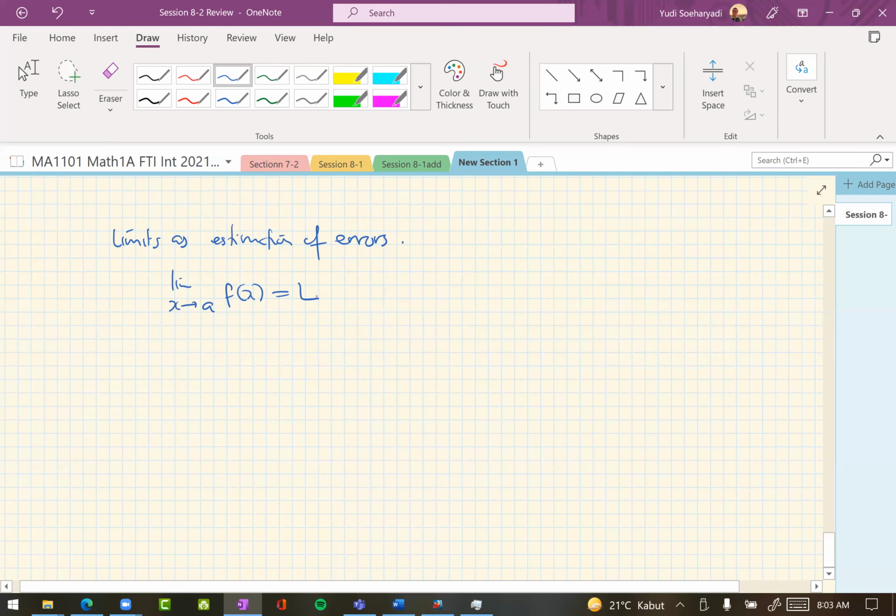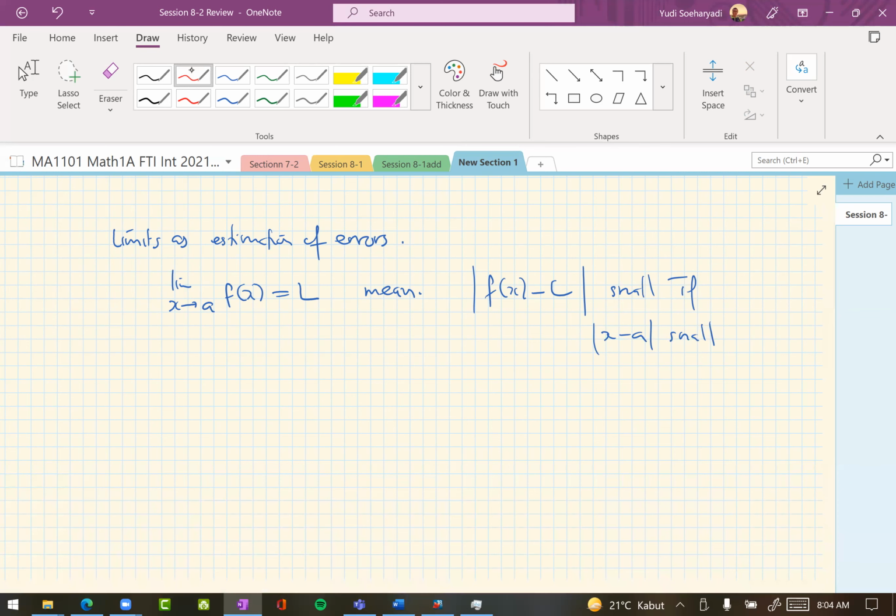Okay, we say that the limit of f of x as x approaches a is L. That means the value of f near L is near L if this value is small also, right? So here we need to estimate what it means to be small. How small?